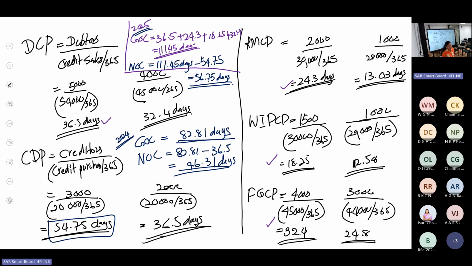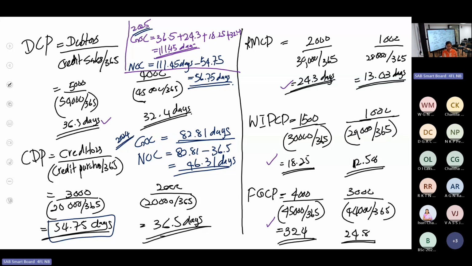Which year is best? 2025 or 2024? 24. Yes, exactly. Very good. Why is 24 good?